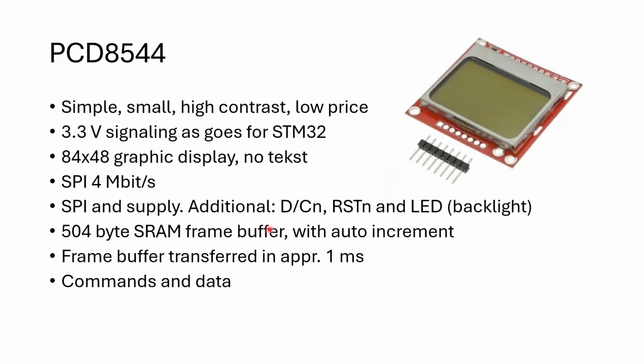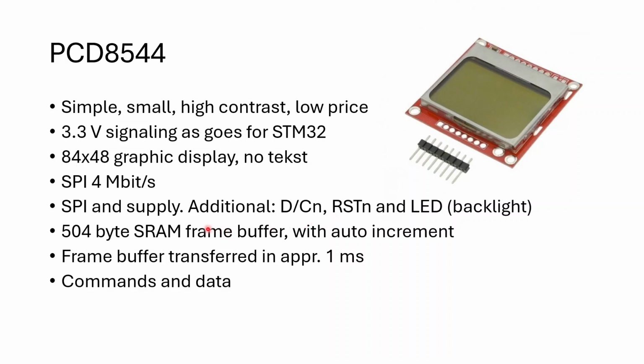So inside the chip you have a 504 byte RAM, which contains a frame buffer, and it has an auto increment, and that means that you can basically specify a pointer in the frame buffer, and if you then write data to it, the data will land at that specific address of the frame buffer, and the frame buffer will do an auto increment, so that the next byte that you write goes to the next address automatically.